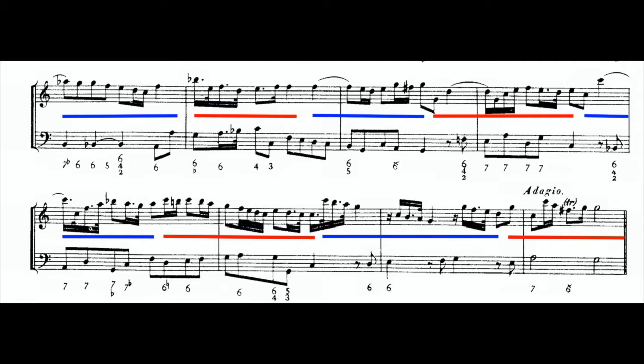The fact that the rest is dotted, I am sure, and also the second rest is dotted. So I repeat. Please.